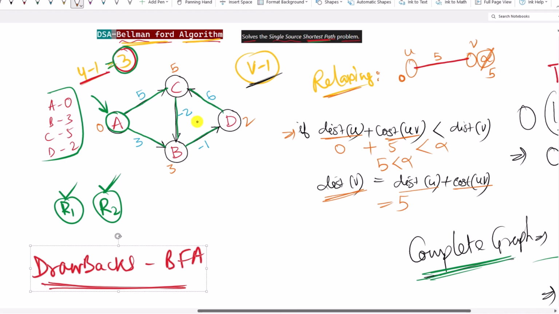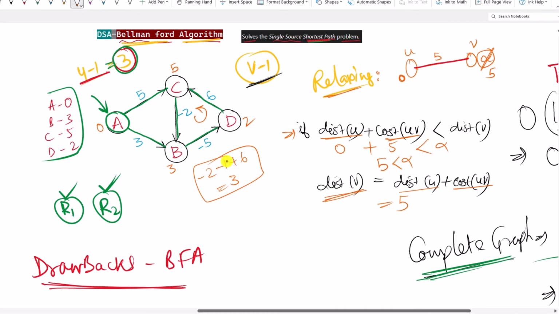As an example, here you can see we have a cycle. If we add all of these edges, minus 2, then minus 1, plus 6, the sum is 3. Because the sum is positive, the Bellman-Ford algorithm works here. But suppose this particular edge has the negative weight of 5.